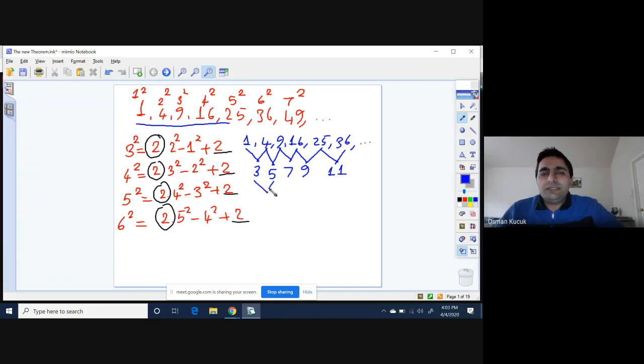The difference between 3 and 5 is equal to 2. Difference between 5 and 7 is equal to 2. And 9 minus 7 is equal to 2. 11 minus 9 is equal to 2. As you noticed, the second differences between the perfect squares are all equal to 2.